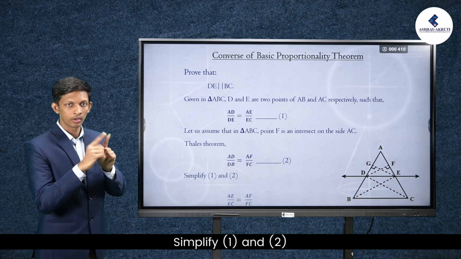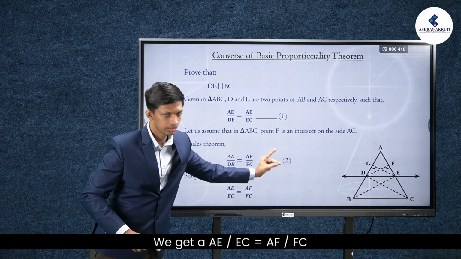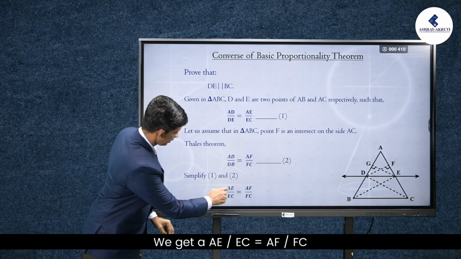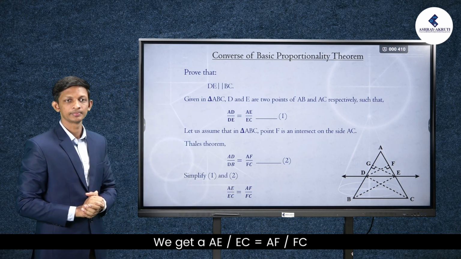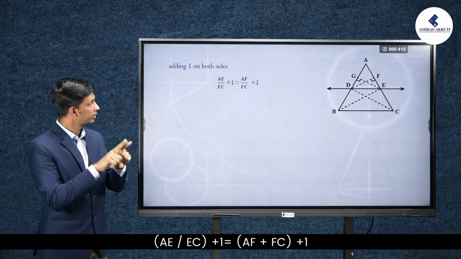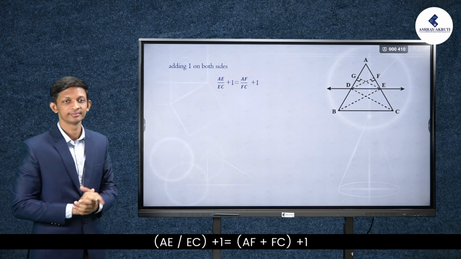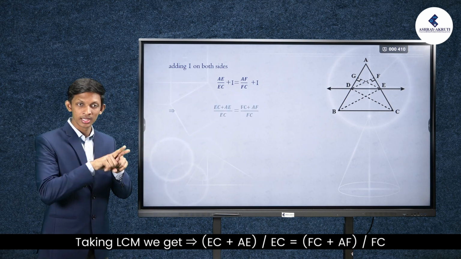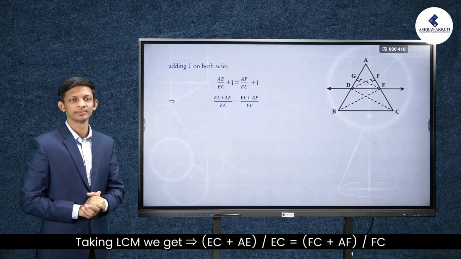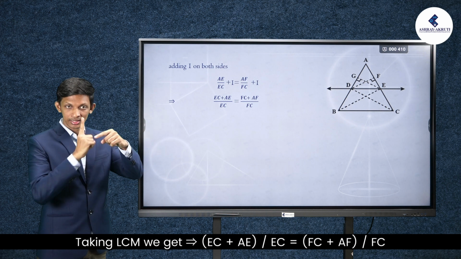Comparing 1 and 2, we get AE by EC is equal to AF by FC. Adding 1 on both sides, AE by EC plus 1 is equal to AF by FC plus 1. Taking LCM, we get EC plus AE by EC is equal to FC plus AF by FC.